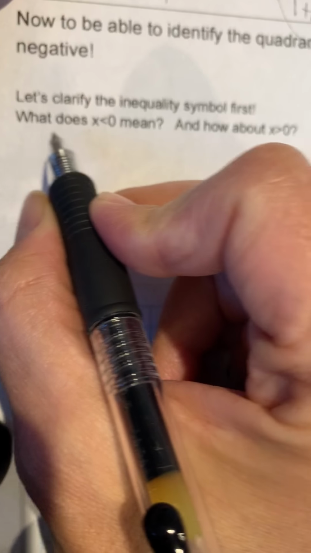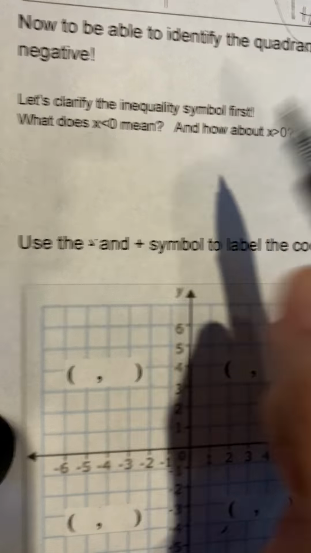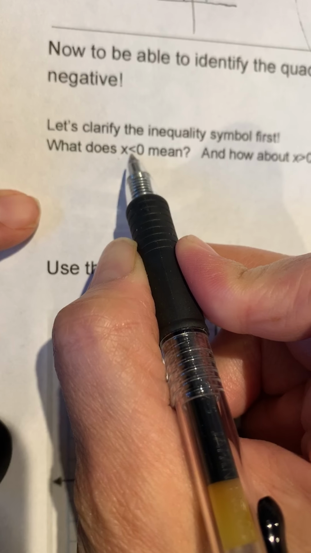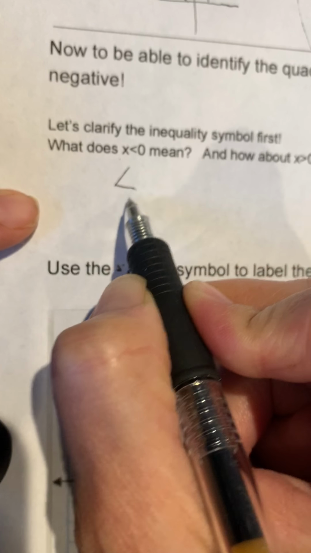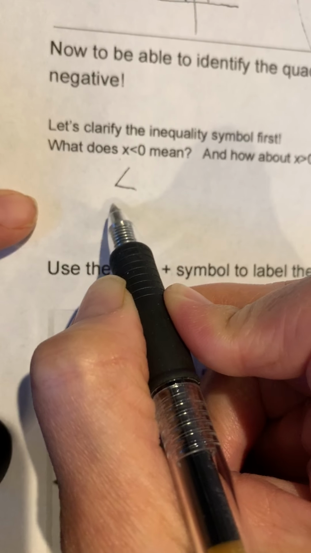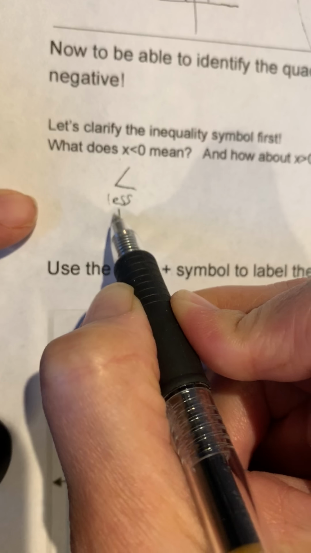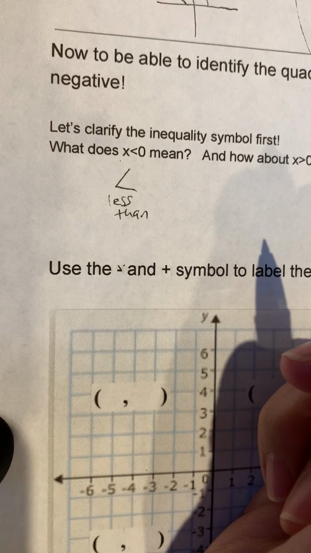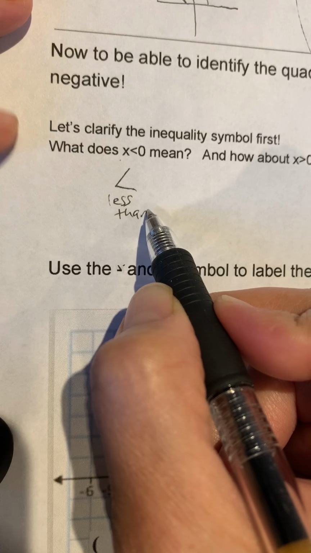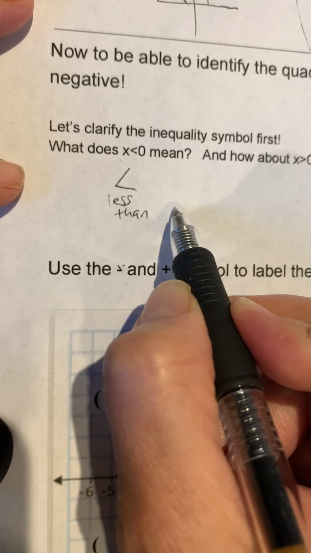This means that x is negative, because that symbol makes almost an L, the letter L. That's less than. I know some of you are rolling your eyes, but a lot of people confuse that. So I really want to clarify that. Okay, so that means less than 0.